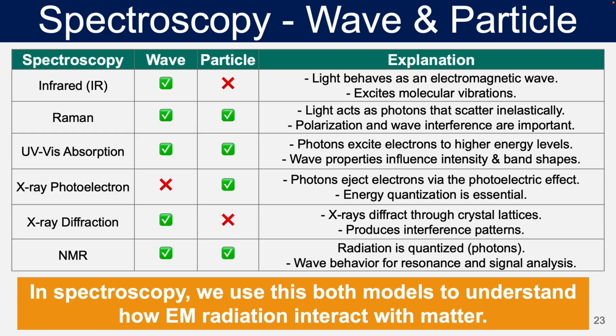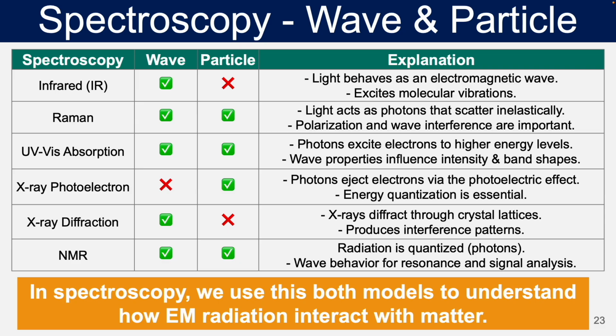UV-visible absorption, again both. Photons excite electrons to higher levels, but wave properties shape the intensity and width of the absorption bands. X-ray photoelectron spectroscopy: purely particle-like. Photons eject electrons and quantized energies are the key. X-ray diffraction: purely wave-like.